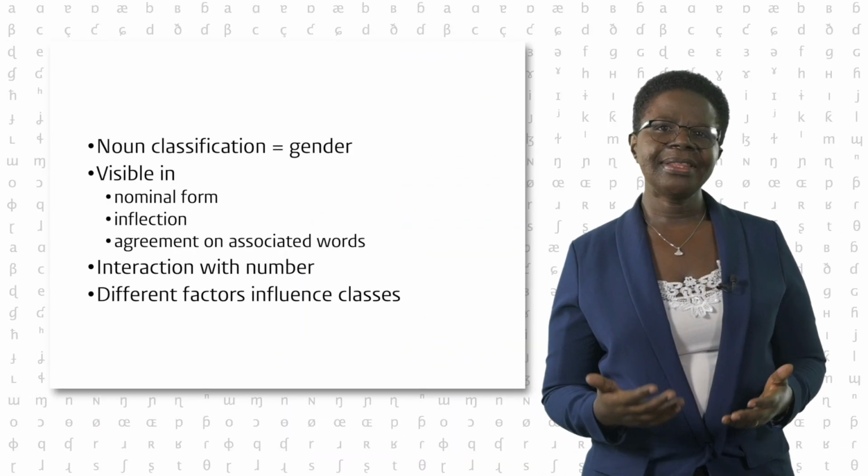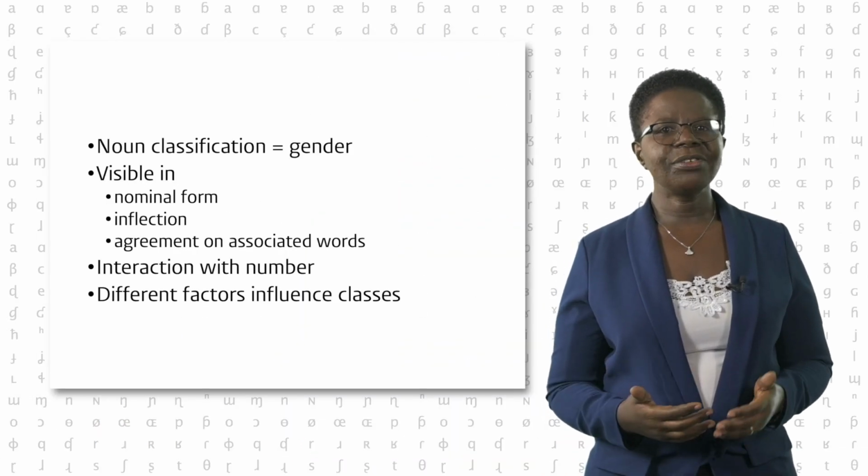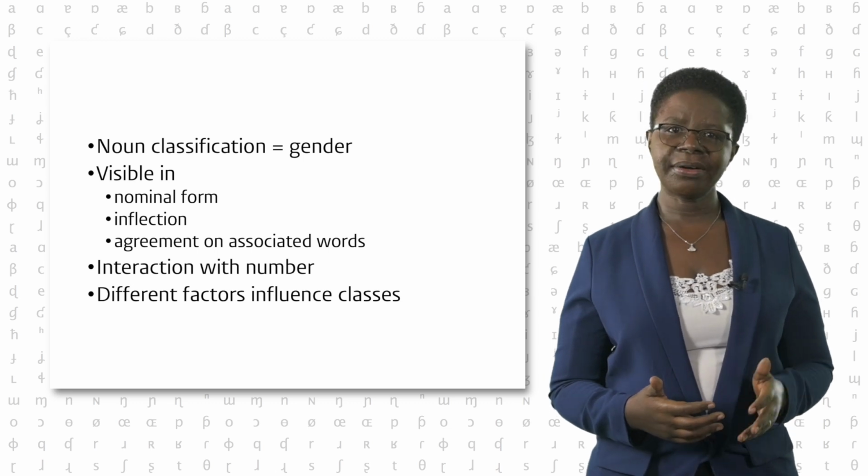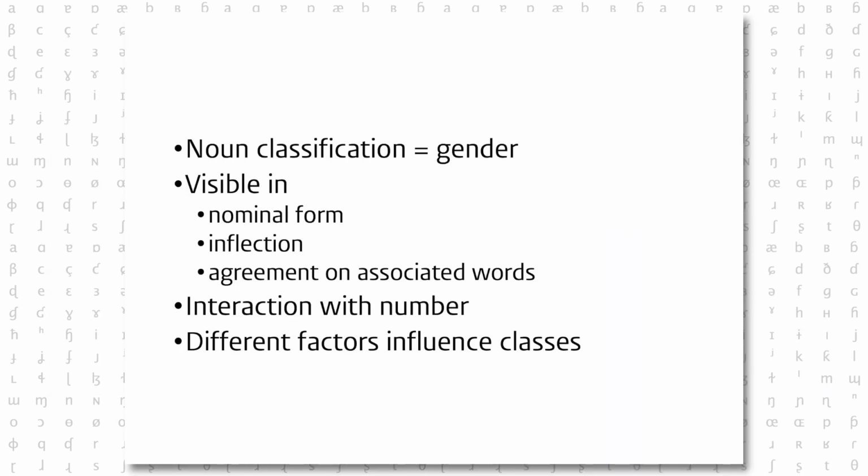There are many further aspects to be investigated for noun classification, but for now, we summarize first that languages can classify their nouns into groups, also called genders, and second, that these may be visible in their nominal form, in the inflection, and most importantly, in the agreement in the phrase and clause.